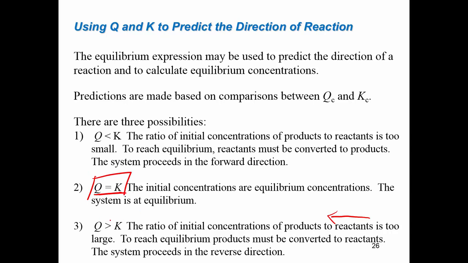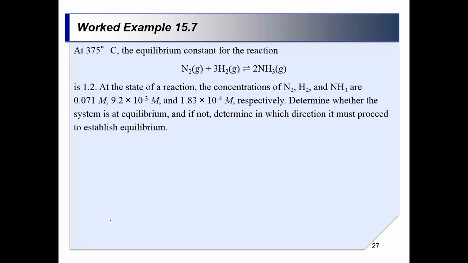So for example, if we're going to work a problem like this, we're asked to determine whether the system is at equilibrium, and if not, determine which direction it must proceed. So what we need to do is calculate Q. The equilibrium constant for the reaction is 1.2, so I am told that K equals 1.2.